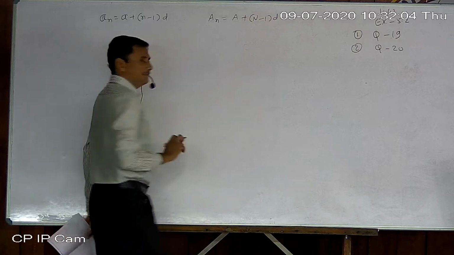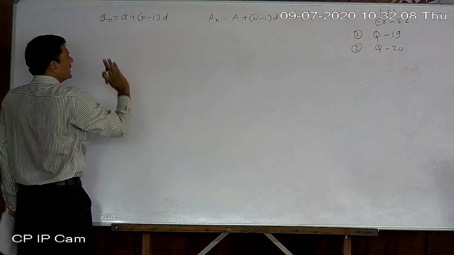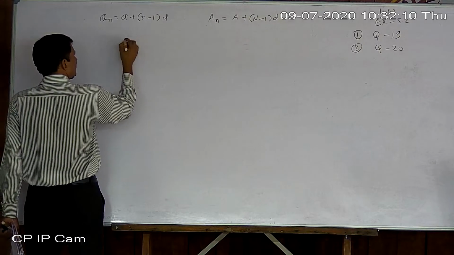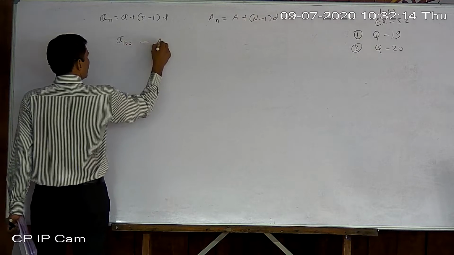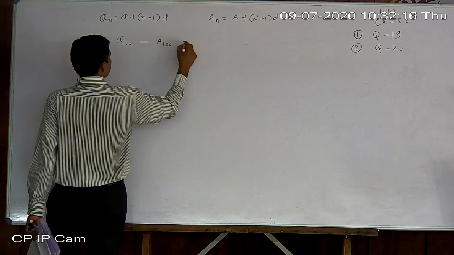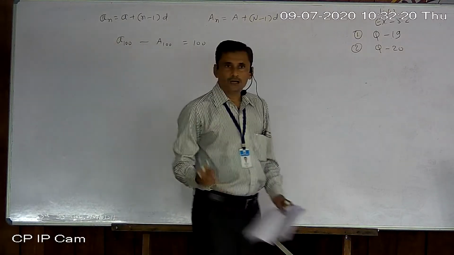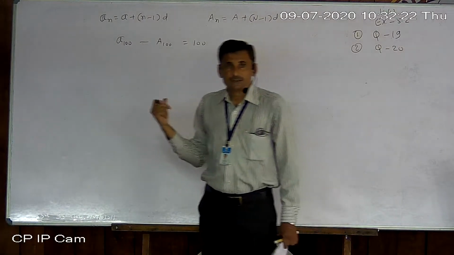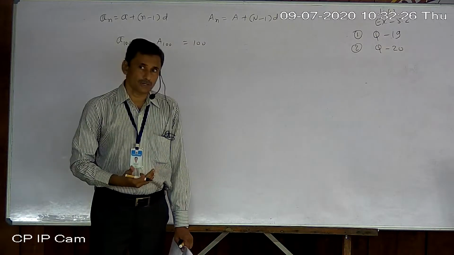Then they are giving the 100th term. So now they give us the difference between a100 minus capital A100 equal to 100. That is given. Look there. I told you in the previous one that you have to write their statement in mathematical notation.